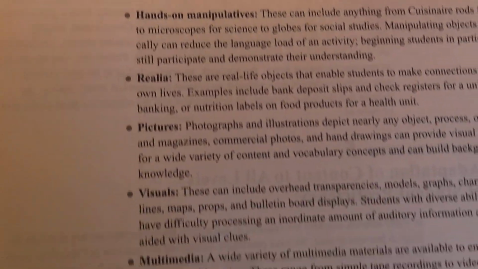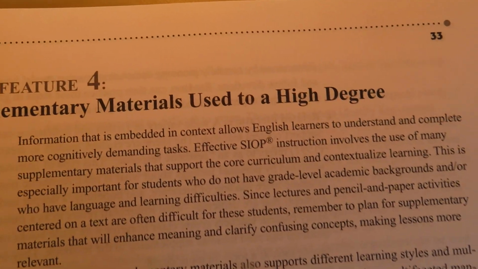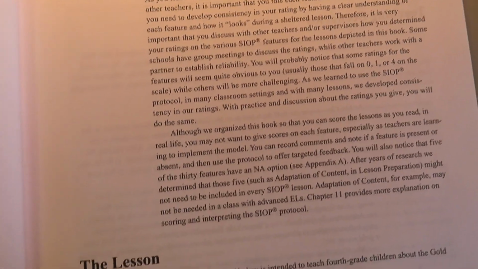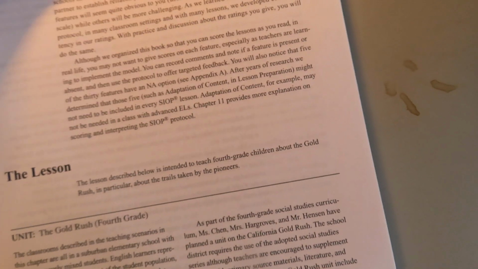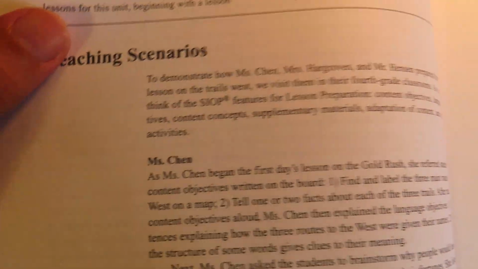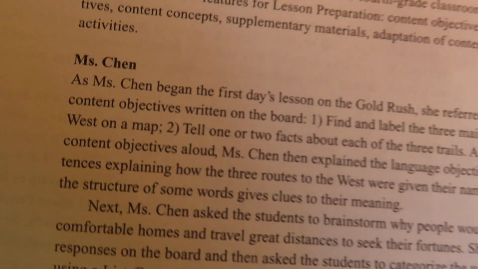Here are example activities for SIOP feature number 4, which is supplementary materials used to a high degree. And then, these are more example activities, there is an example lesson in which we read through the actual lesson delivery of 4 teachers. So it's a classroom description.